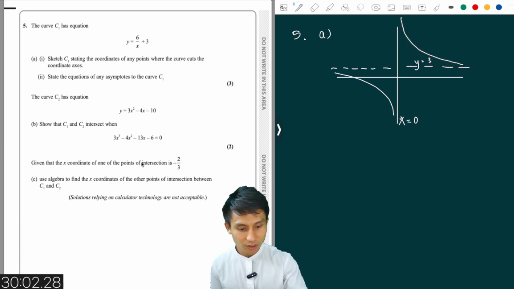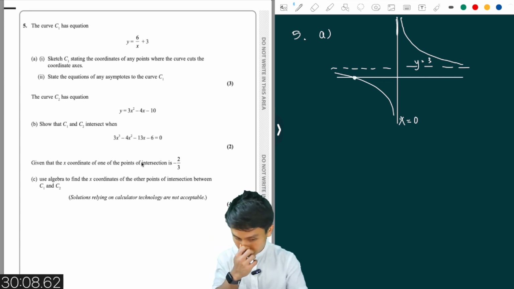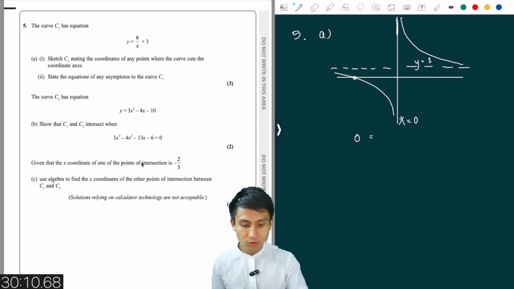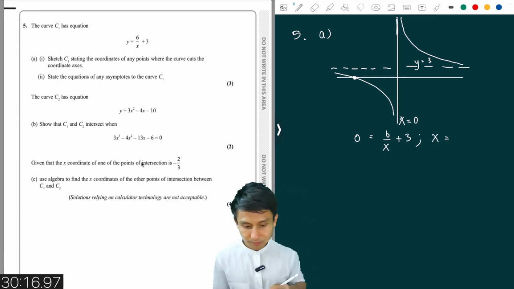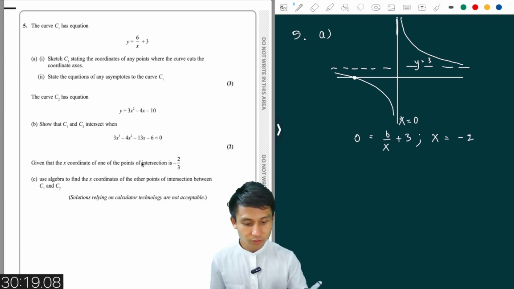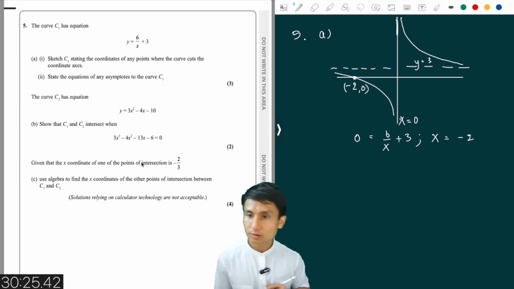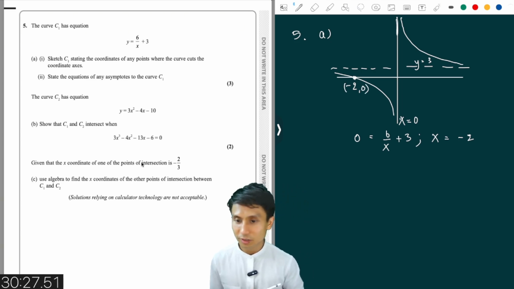Because it's going up, but it cuts here, where y equals 0. So we put 0 equals 6 over x plus 3, and that gives x of minus 2. So this is minus 2, 0. That's the coordinates of the x-intercept.